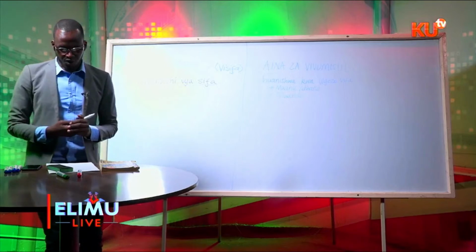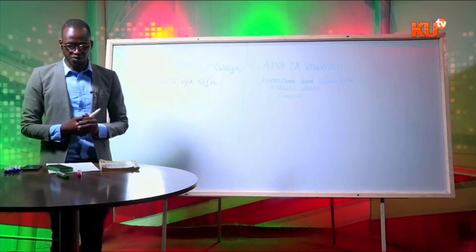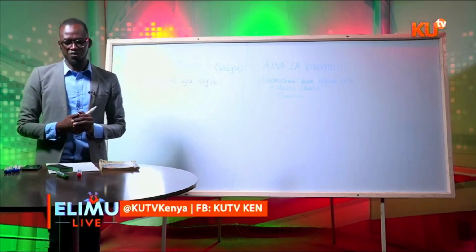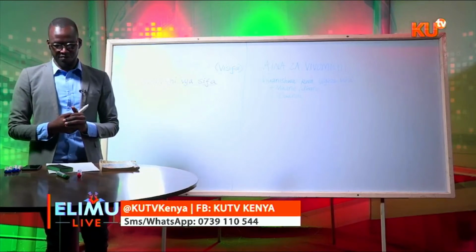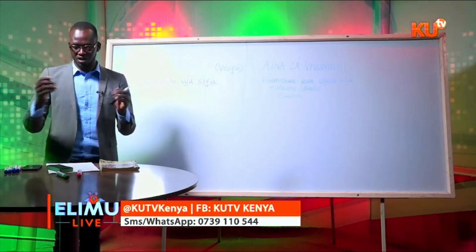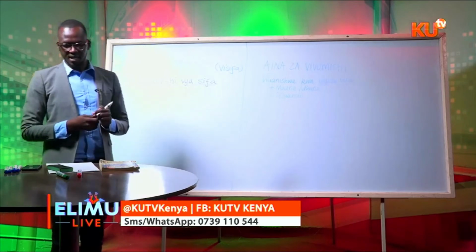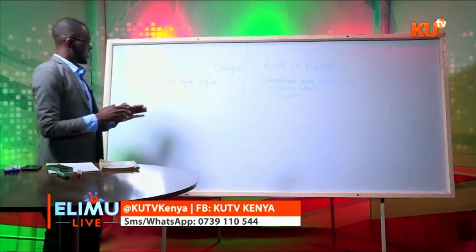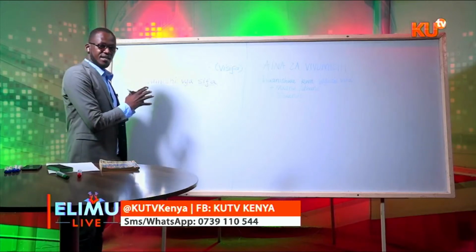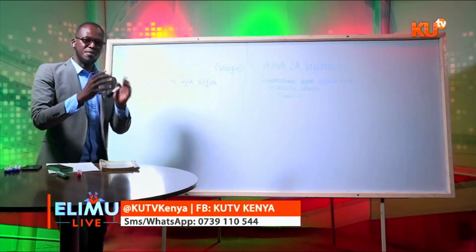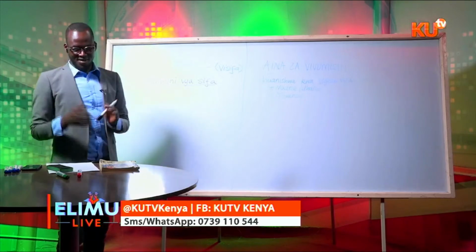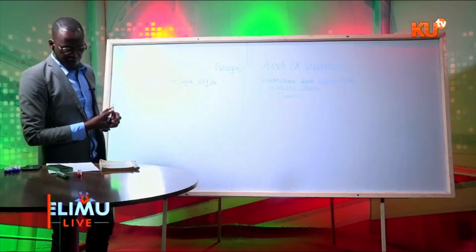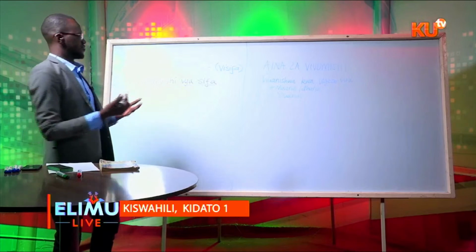Vile vile vivumishi hivi hutaja tabia ama namna vitu vilivyo au vinavyoonekana. Kwa hivyo kivumishi huchukua kiambishi kitangulizi kinachofanana na kile cha nomino inayovumishwa. Ukieleza sifa ya nomino fulani lazima uendane na ngeli ya neno hilo.